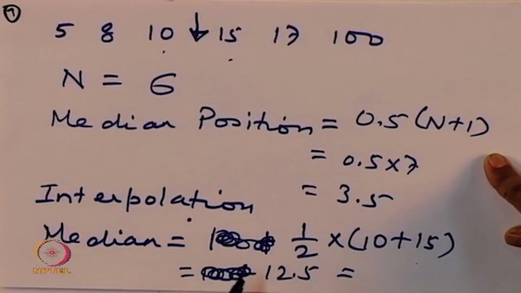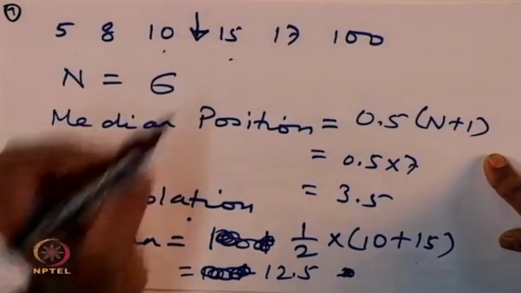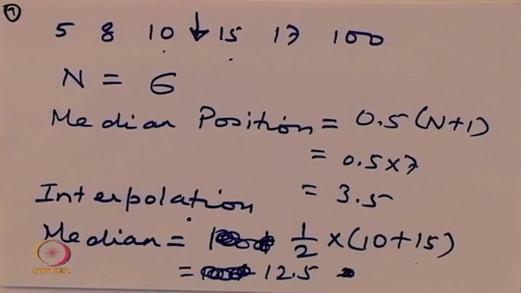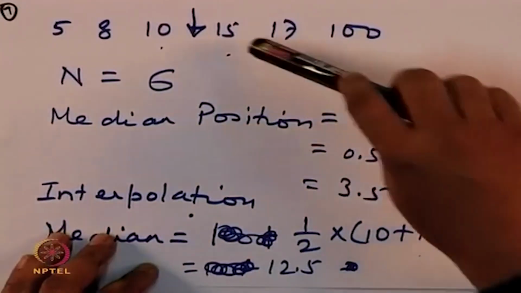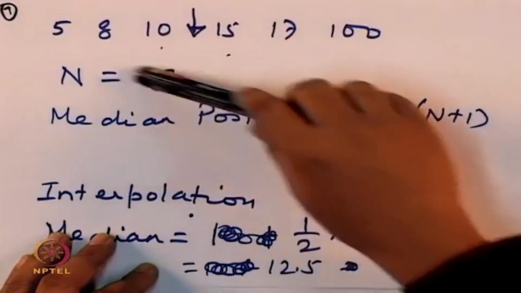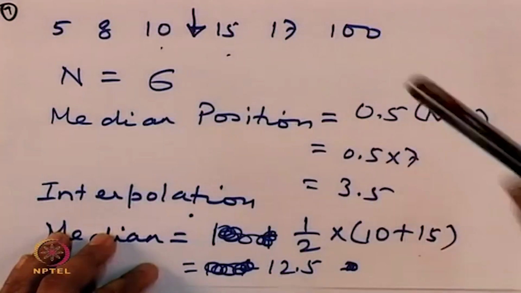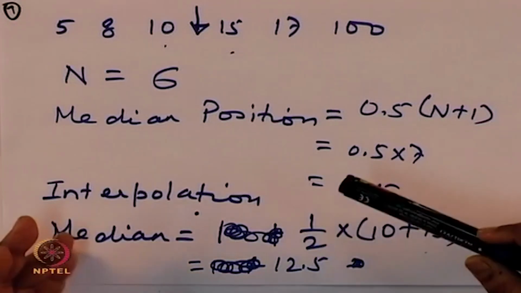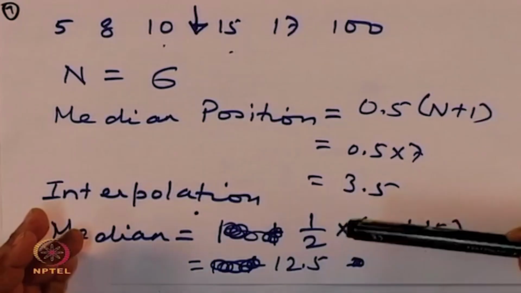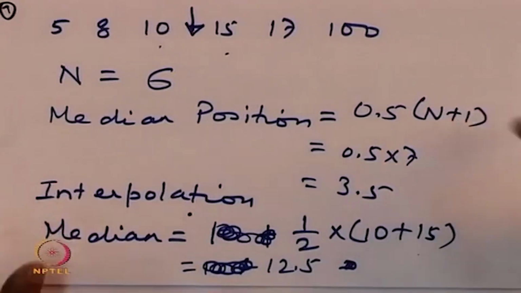Half into (10 plus 15) is 12.5. So, your median is 12.5. You get a number which is even better, much more representative of this entire data set. The effect of 100 has completely been eliminated. The other advantage is the median is much easier to calculate than the geometric mean.